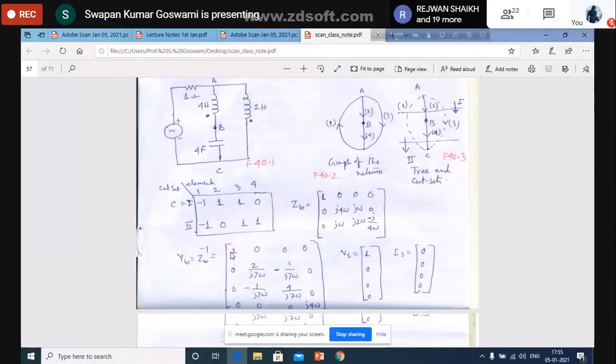There you have put a direction. That direction is the assumed positive current direction through the internal impedance. You have to see in which direction the current source current will flow. If it is flowing in the same direction as the assigned direction, then it will be a positive current source. But if it is flowing in the opposite direction, it will be a negative source.